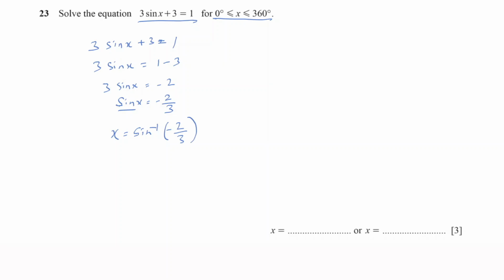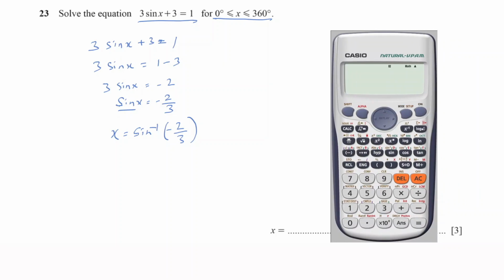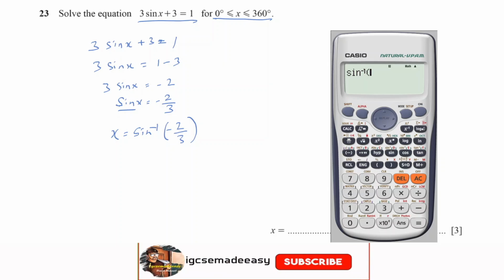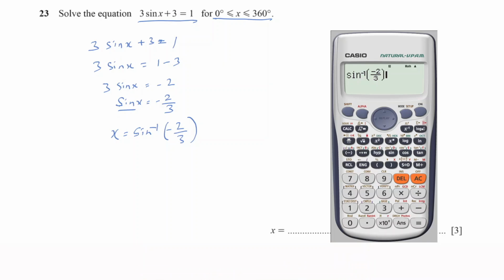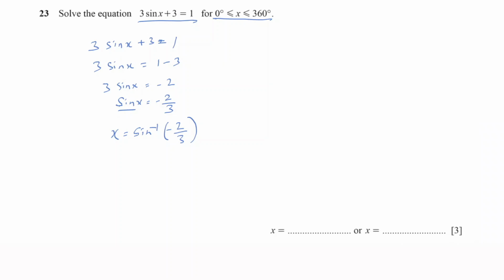So let's take out a calculator and find out the answer for sine inverse of minus 2 by 3, and that is equal to minus 41.81. So minus 41.81 degree is the value of x.